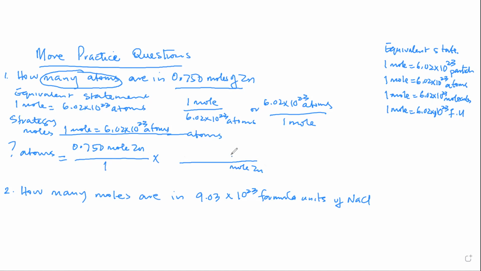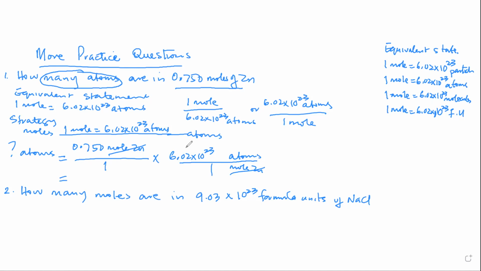We have atoms here, so the equivalent statement we use is 6.02 times 10 to 23 over 1 mole. So this crosses out. We multiply everything on top.